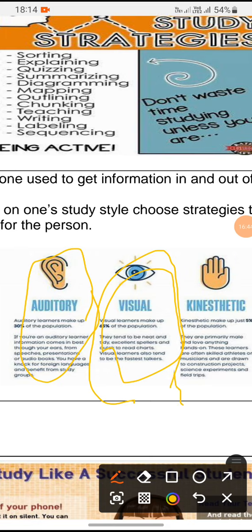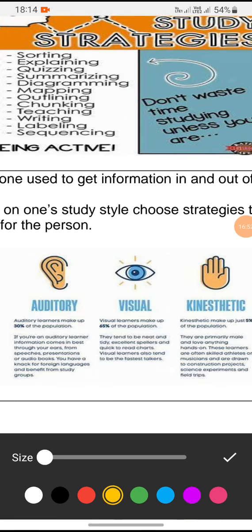And we have kinesthetic learners. These ones can use anything, their body, dancing, use their hands, their fingers to count things in order to remember, use body language, expressions.